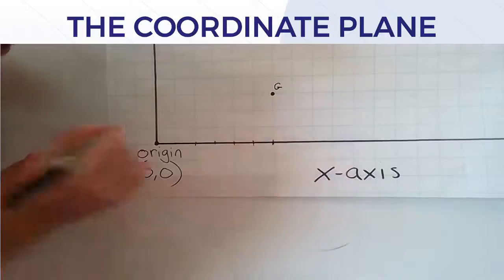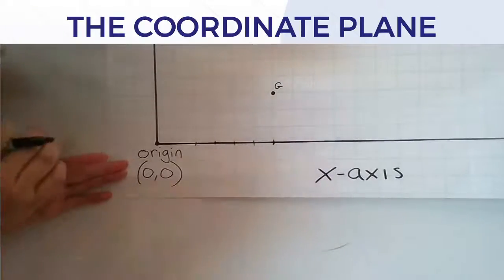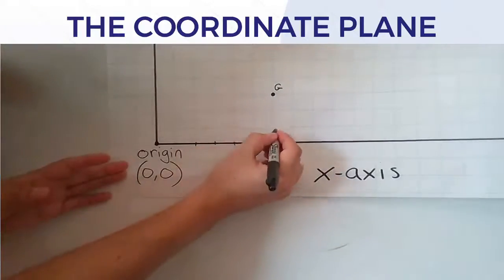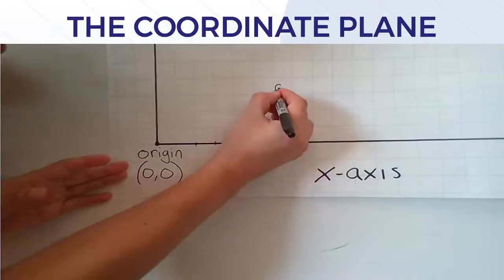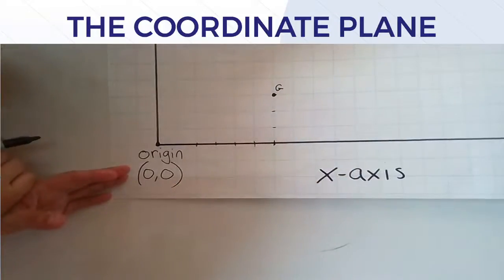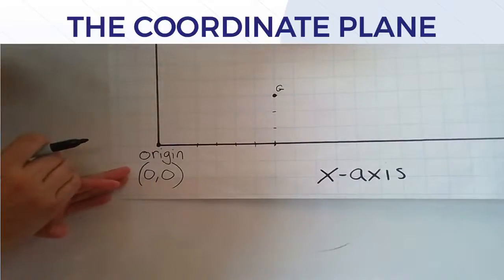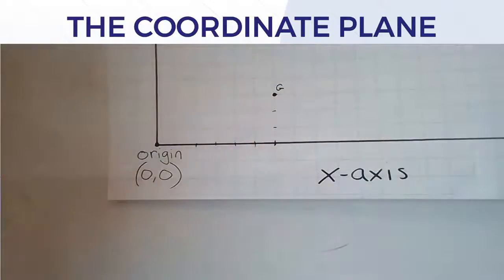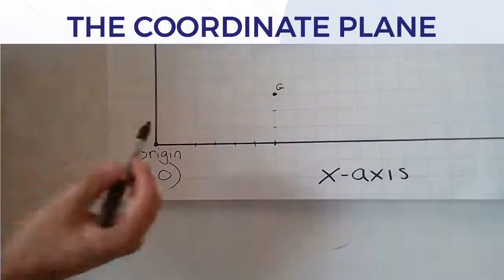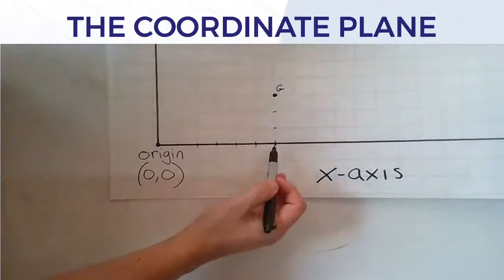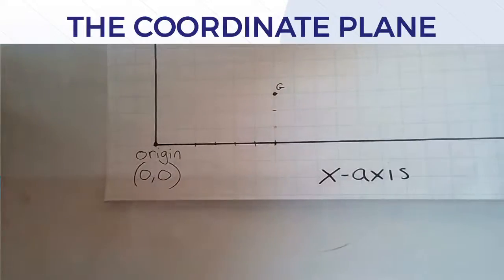We've gone 6 blocks to the right along our x-axis, and then 1, 2, 3 blocks up on the y-axis. So how many blocks total did we travel if we went 6 to the right plus 3 more up? How far did we travel? Yeah, we traveled 9 blocks.